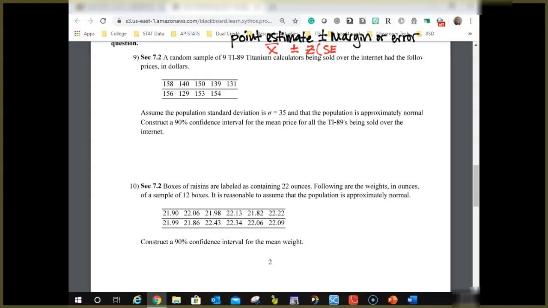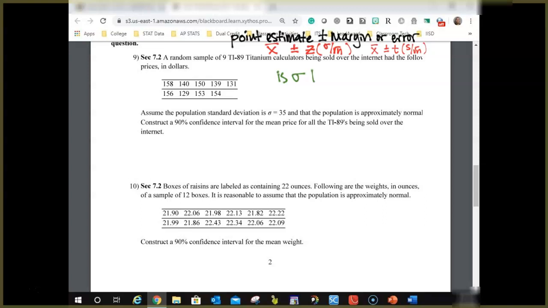It was either the X bar, which is estimating the population mean, plus or minus our critical value, which is a z-score, if we know the value of sigma, and then the standard error of X bar, or we have X bar plus or minus the critical value for a t interval and the standard error of X bar, where the standard error is actually sigma divided by the square root of n for a z interval, or it's s divided by the square root of n for a t interval.